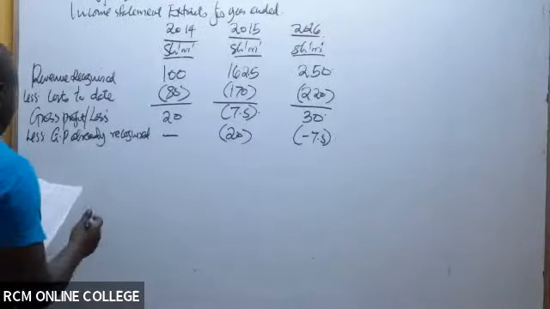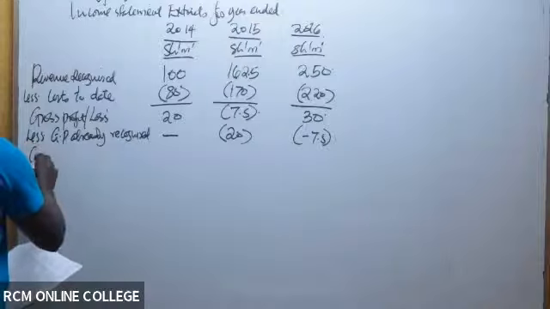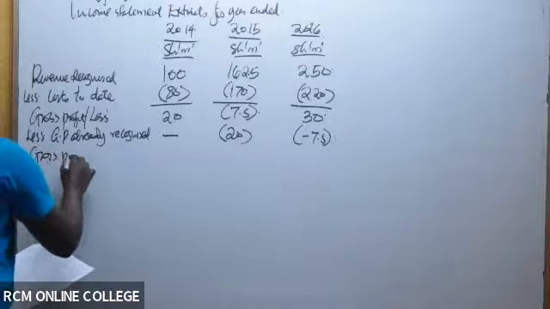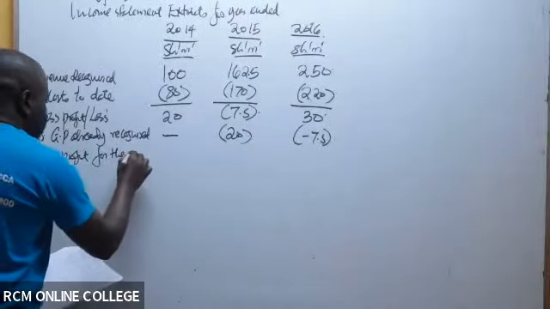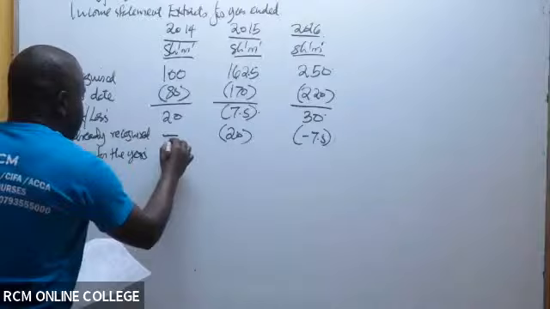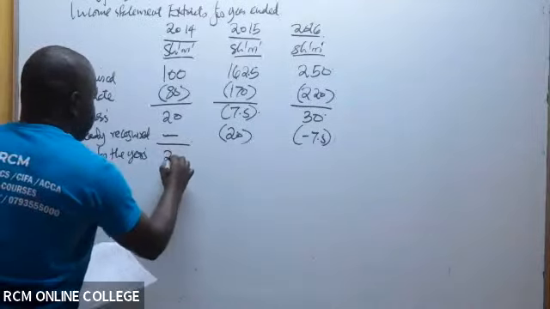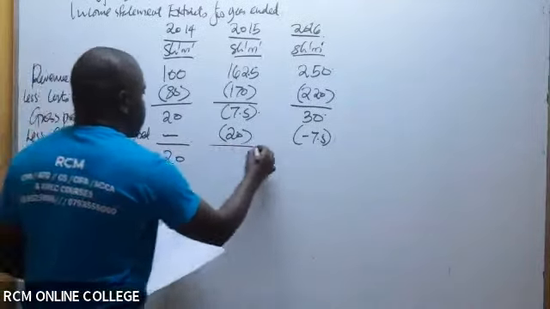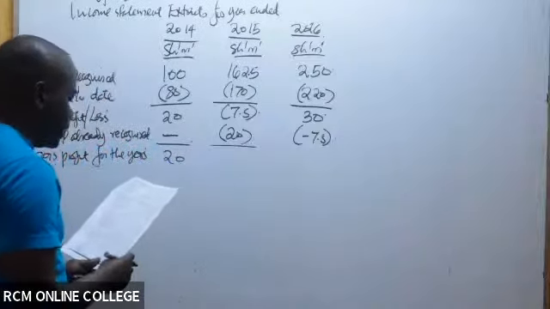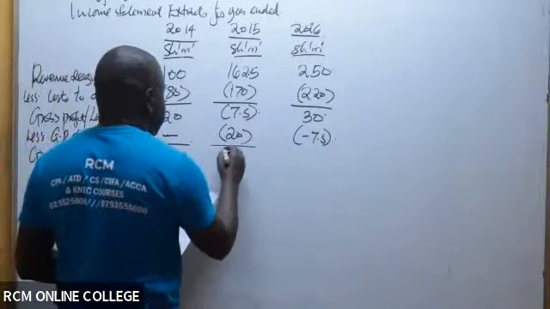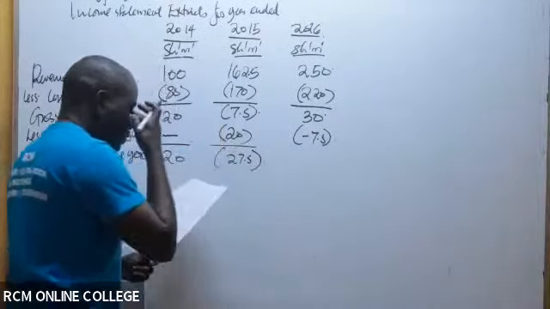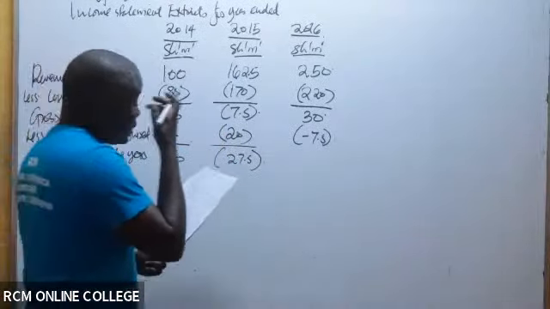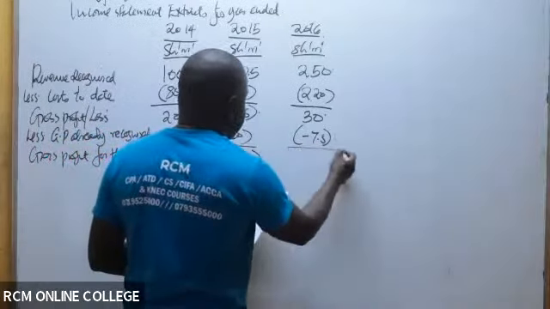Then you get the gross profit for the year. So this one will be 20. This one will be negative 27.5. And this one is minus minus, so it becomes a positive.